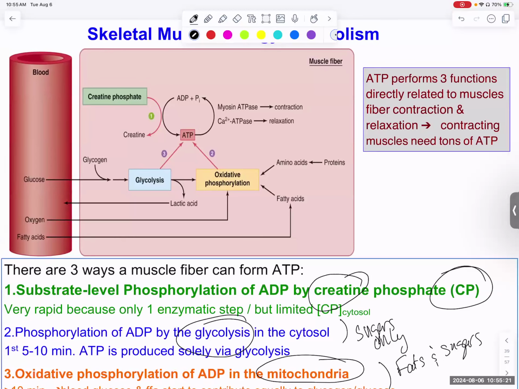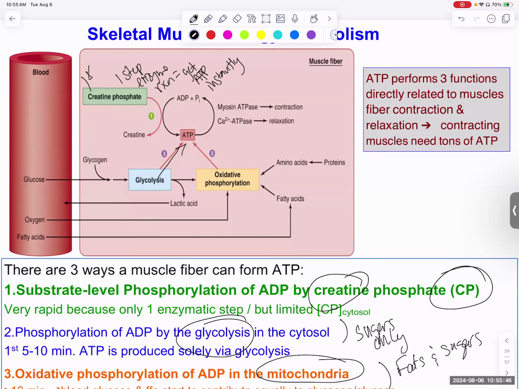And so creatine phosphate is a one-step enzyme reaction. So you get ATP instantly, but you just don't have enough creatine phosphate to go forever. But it does get you to the point where glycolysis is now producing ATP.